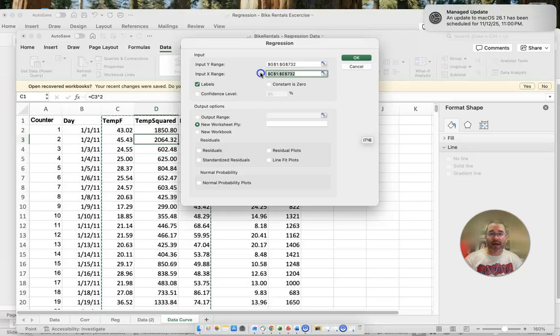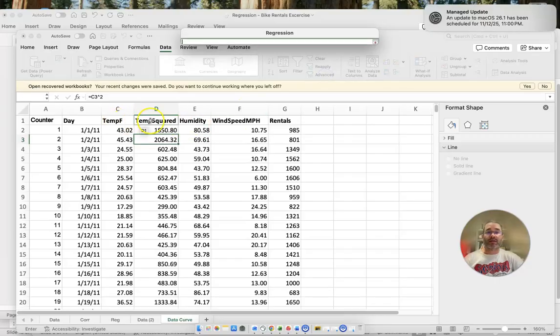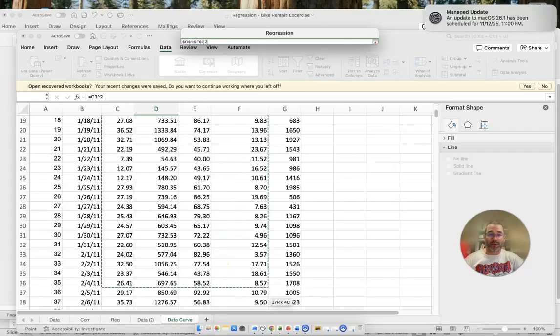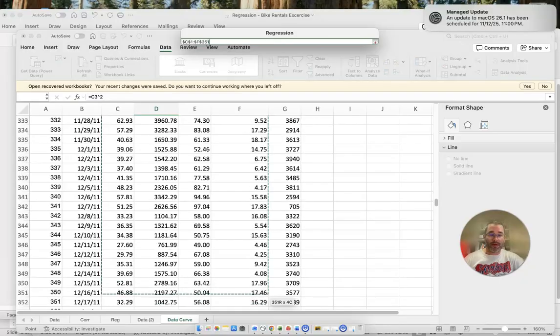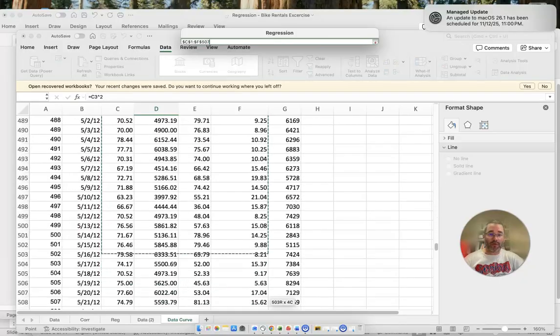And then our X range, very important when you're working with this curvilinear regression, you need to select the squared term, but you also need to select the unsquared term. So I'm going to use temp squared, and my other two independent variables. Okay, and I'm going to take all the data from all four of those.